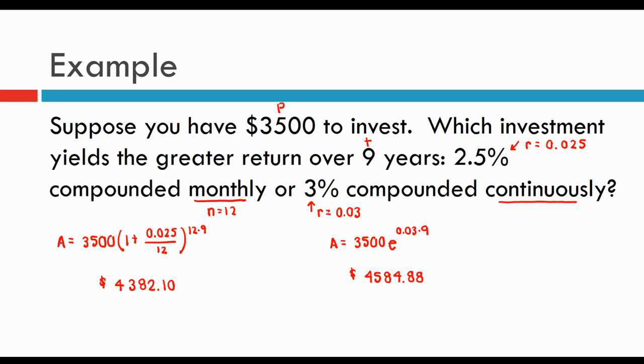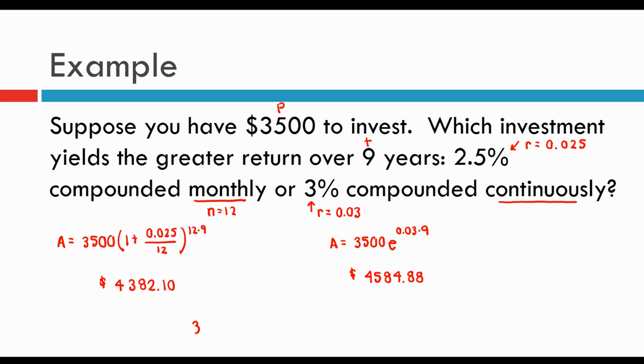All right, so 3,500 times e to the 0.03 times 9 power. Yep. Okay. So obviously now I have my two particular answers for both scenarios. Which yields the greater return? So what gives us the most amount of money?